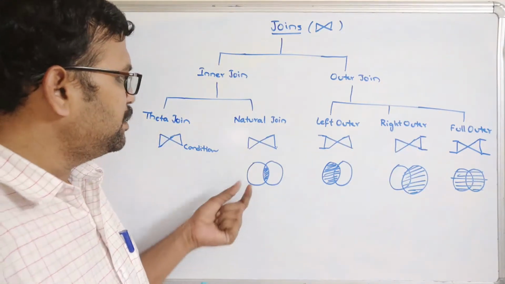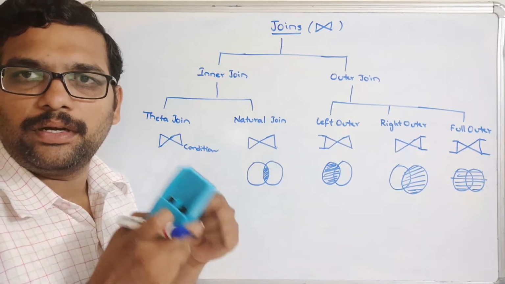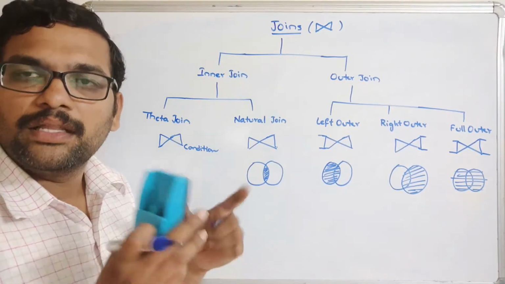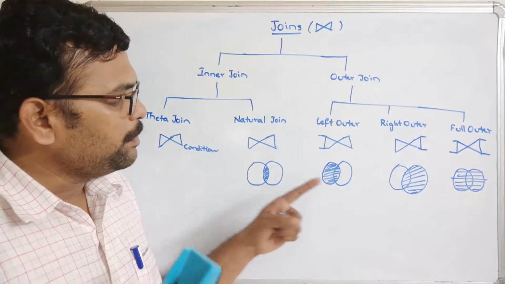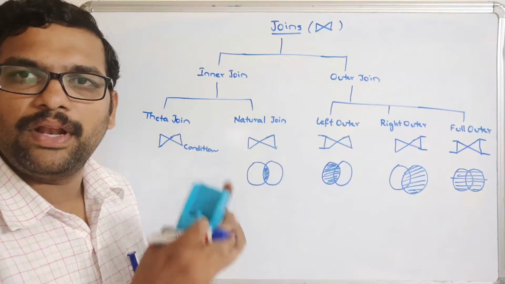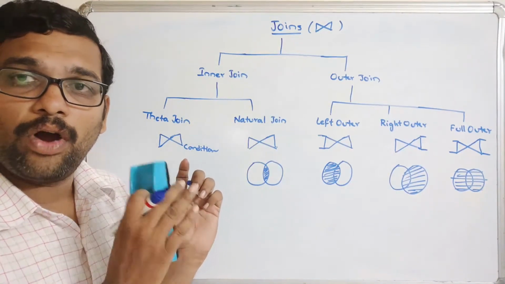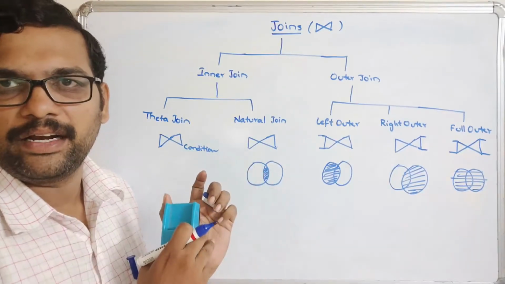So coming to the natural join, based upon the equal attributes, the two relations will get joined. Coming to the left outer join, it will consider all the records of the left relation and the common tuples from the right relation.